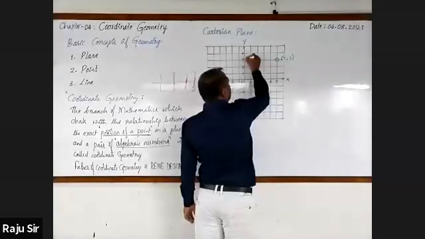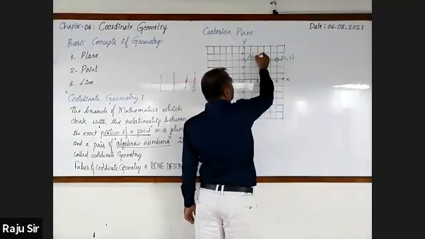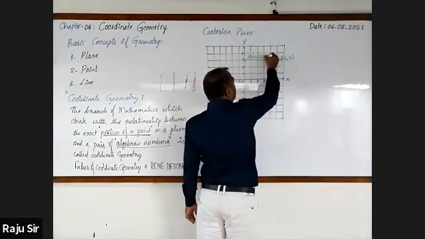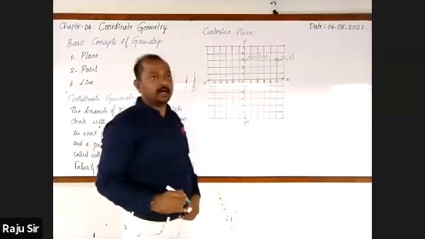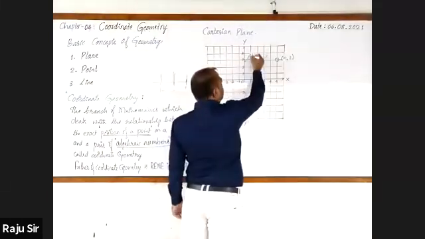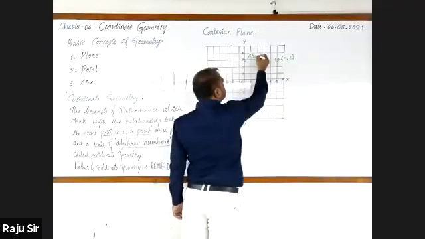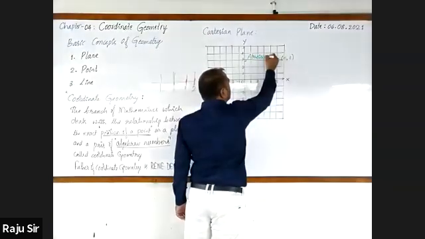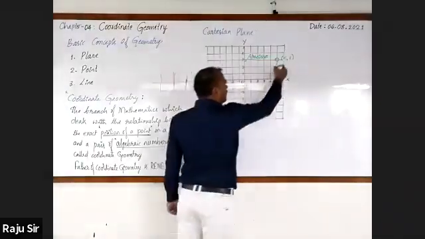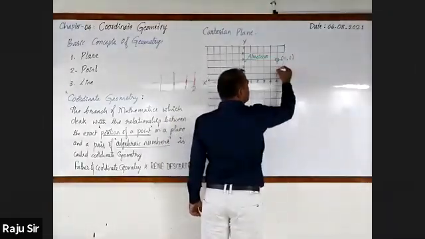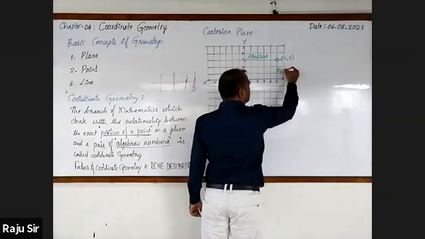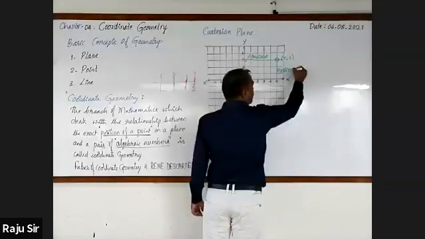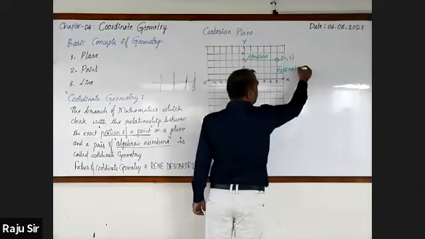This distance is the abscissa, A-B-S-C-I-S-S-A, abscissa. And this distance is the ordinate.